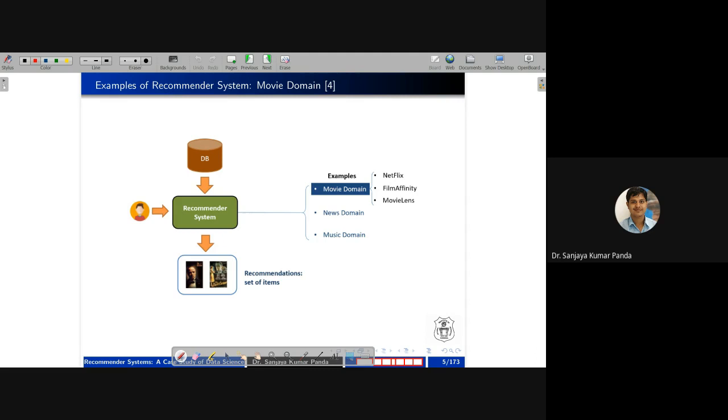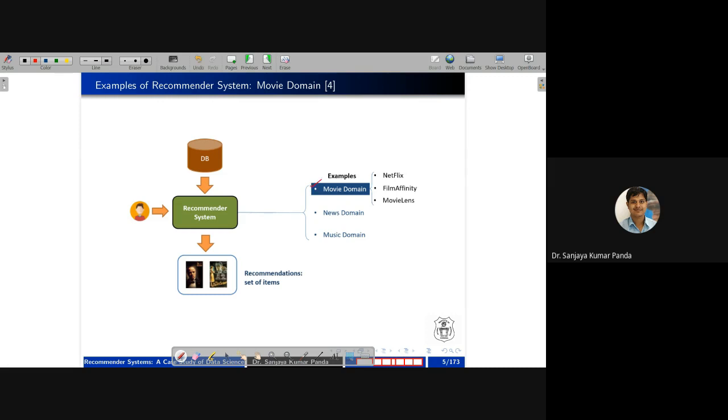The reason is that you can suggest to the farmer what kind of crops are suitable based on their location. Once you look at a particular location, you know the humidity, the temperature and the climate in that area, and you can predict that a particular crop is suitable for that location. That is also an example of a recommendation system. That's why the recommendation system is not limited to a particular domain. It can be applied to any domain. Like if you see, we can go for the movie domain.